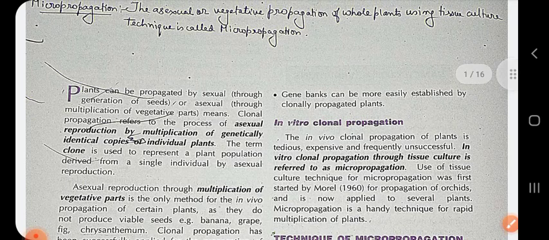The last one says that gene banks can be more easily established by clonally propagated plants. What are gene banks? Gene banks are a type of biorepository which preserves genetic material. It is just like a bank account, where we store our money.